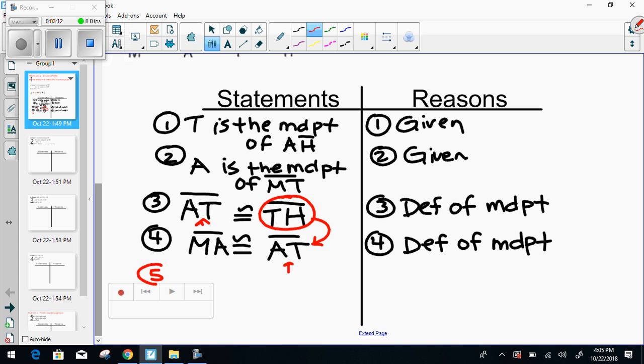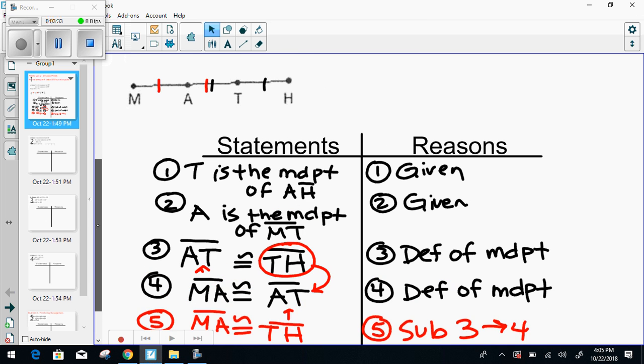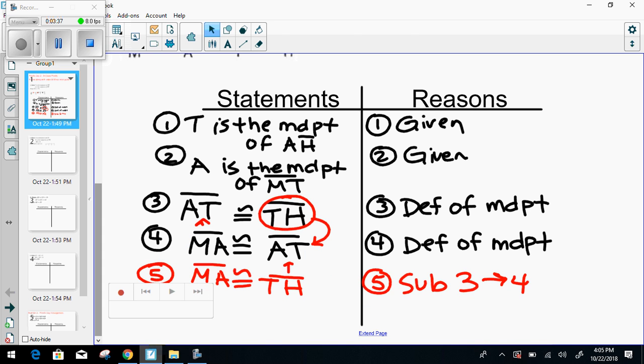So on line 5, you can conclude that segment MA is congruent to segment TH by substitution. You substituted line 3 into line 4. Your proof is now concluded because that's the proof statement, MA is congruent to TH. So you can go ahead and box that, being all done with your proof.